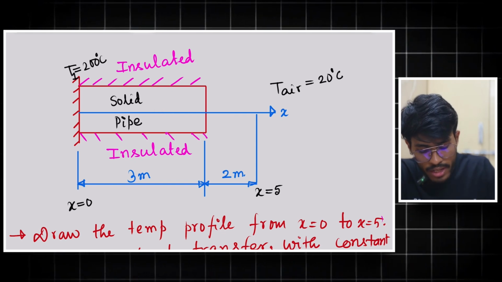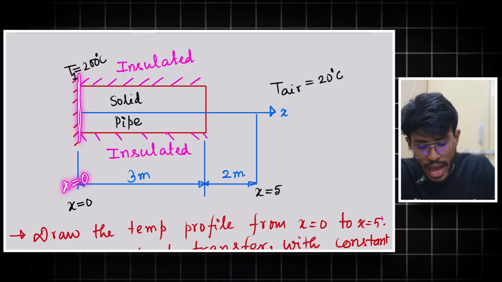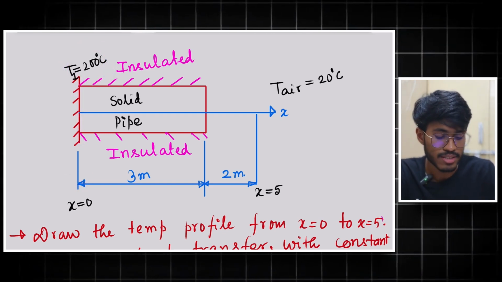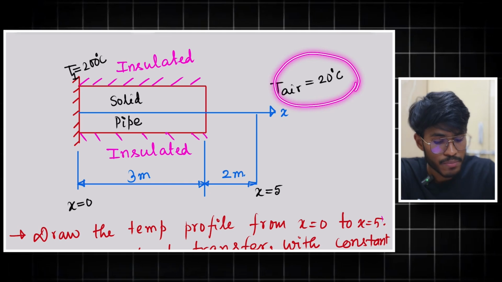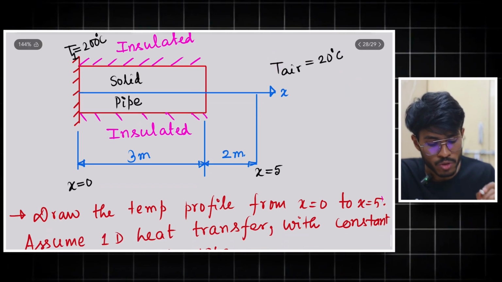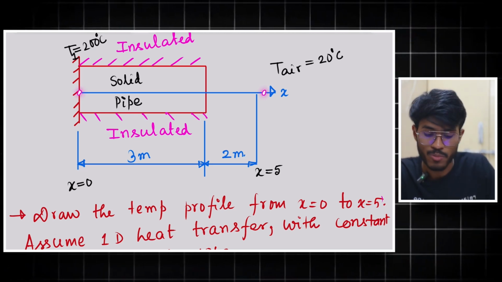At x equal to 0, we have a temperature T1 equal to 200 degrees Celsius, and the ambient air temperature is 20 degrees Celsius. So now you have to draw the temperature profile from this point to this point.